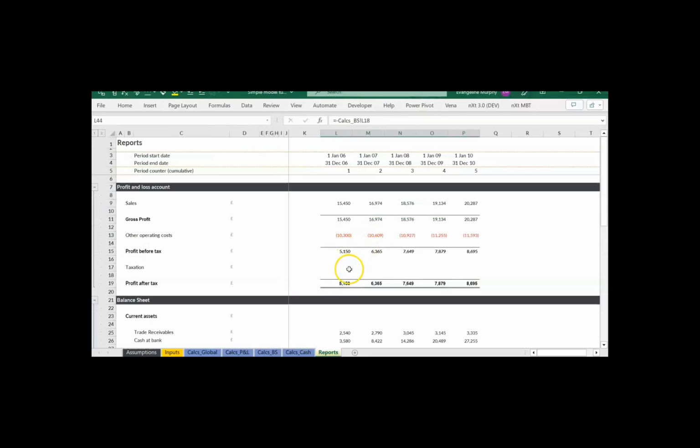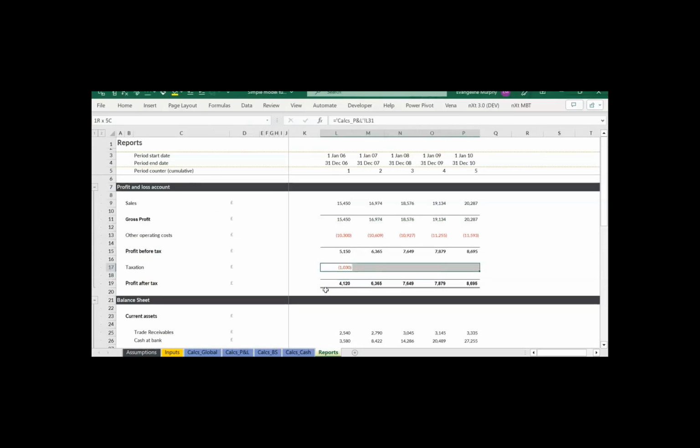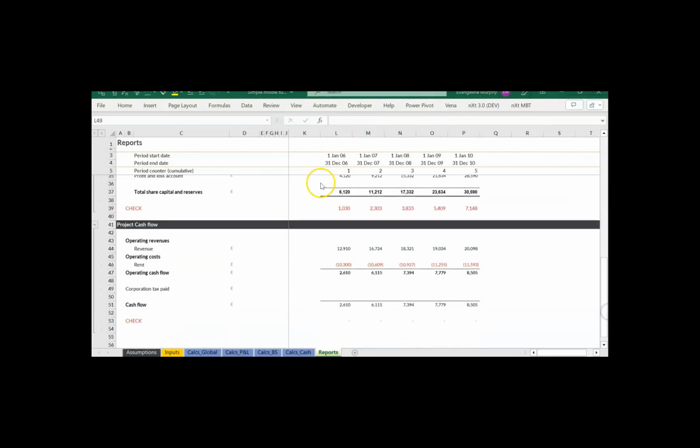Let's pull that through to the P&L. As we assume that tax is paid in the same period as it's expensed, let's pull this through to the cash flow here.